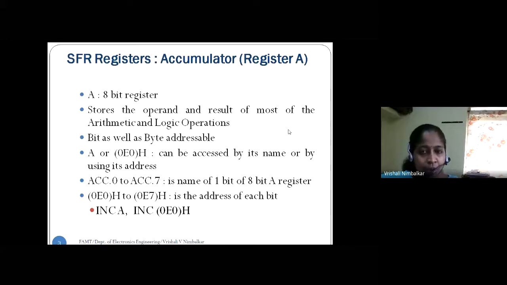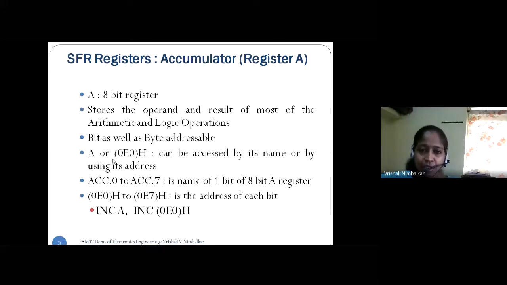So depending on the way we write the instruction, microcontroller understands whether accumulator used is 8-bit or 1-bit. Is that okay? Hence it is written bit as well as byte addressable. So either you refer to it by register A or you refer to it by its address.